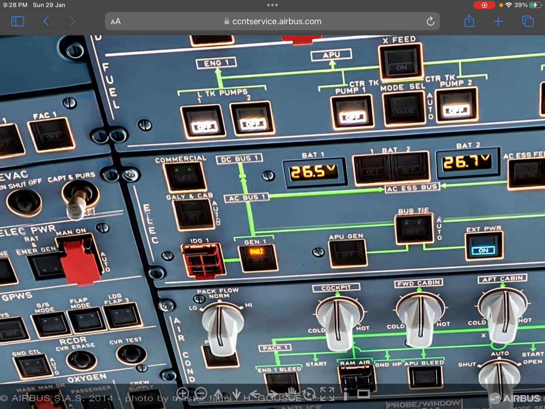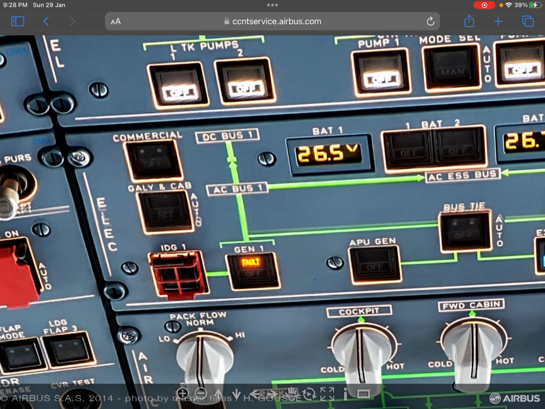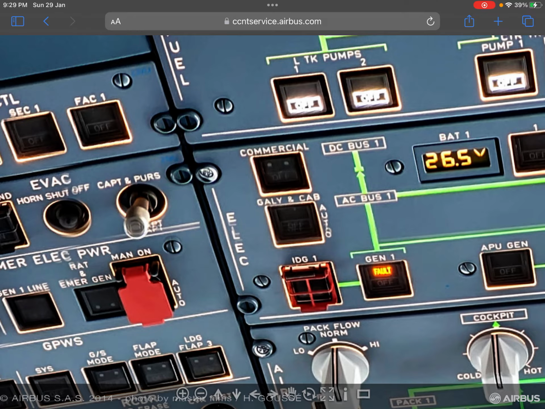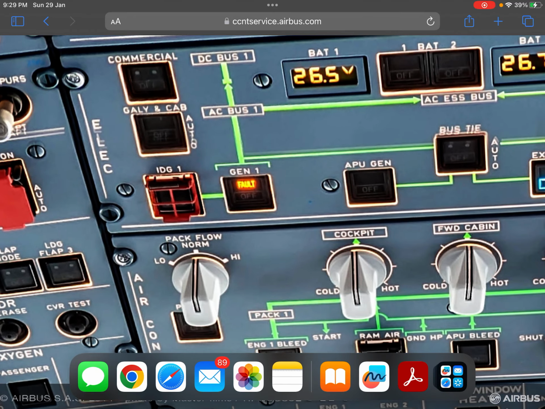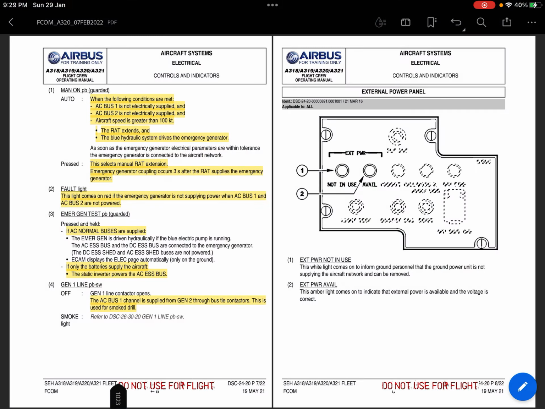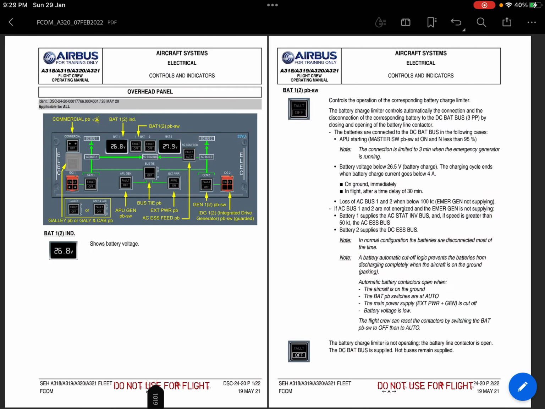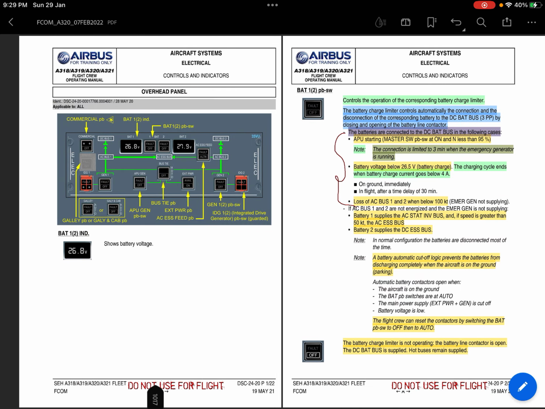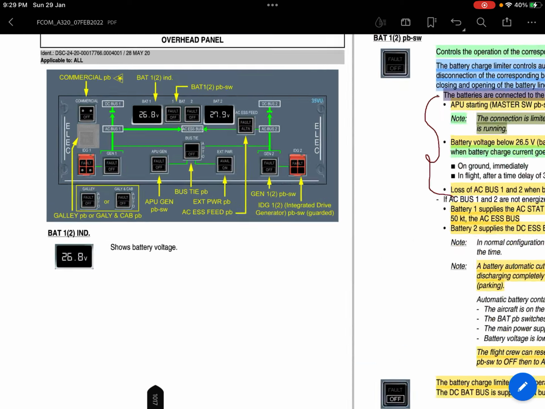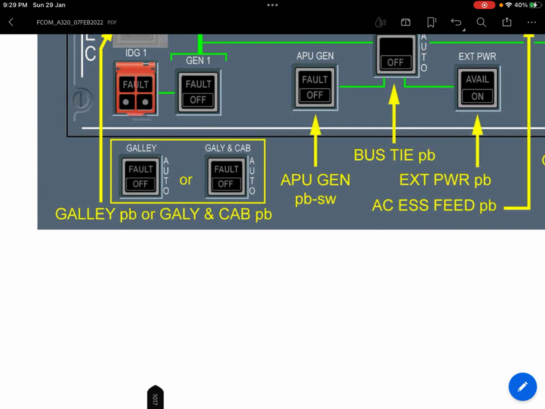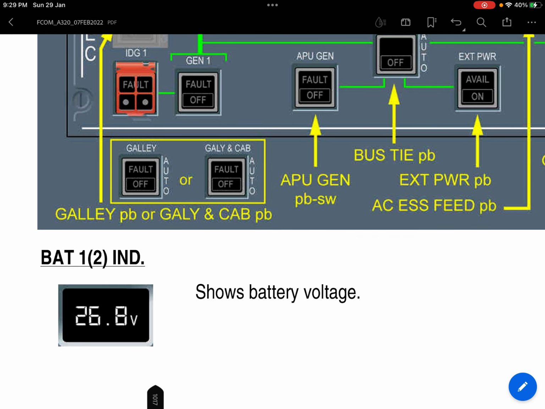On the electrical panel there is a galley and cabin light in the center of your screen, right? So again, going to the overhead panel, let's see. Here it is. There are two types, a galley push button or galley and cab.